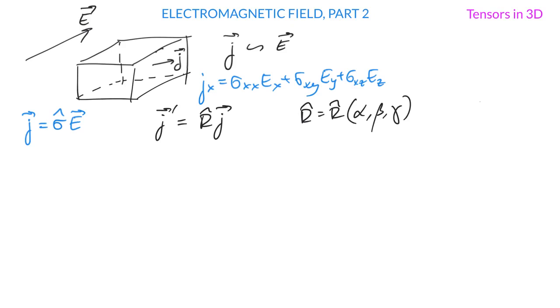Now, we know that rotations preserve the squares of vectors. That's what it means that the transformation is a rotation. So we should have J prime dotted with J prime equals J dotted with J. Now J prime is R times J. So we can rewrite this in the following way.